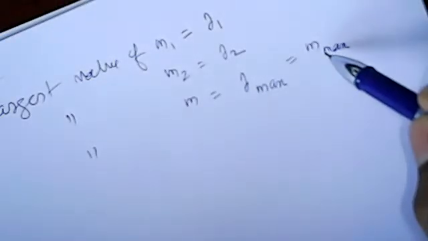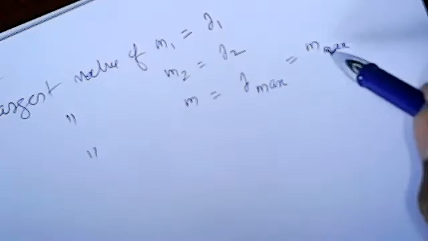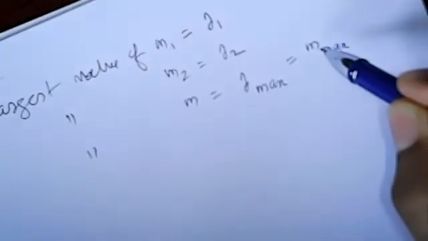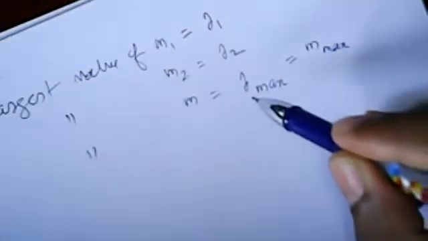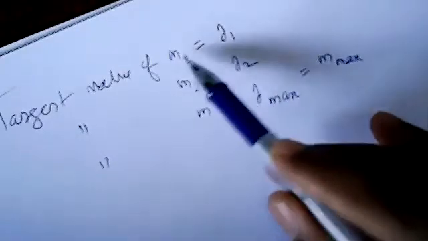This is the idea obtained from that example. The largest value of M, M max, is one of the J values. So that is the maximum value of J. We are adding J1 and J2.